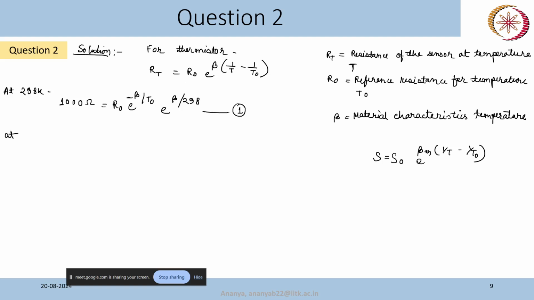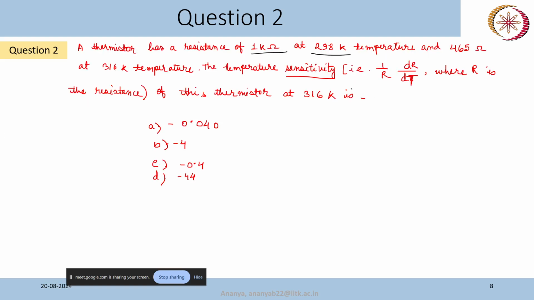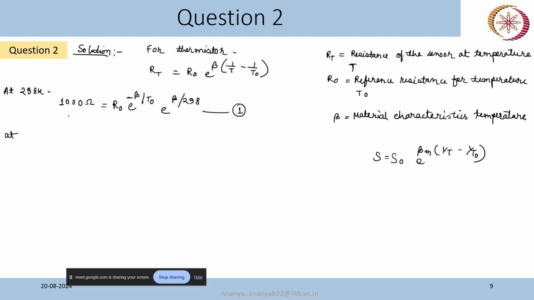Another information that is given to us, the resistance at 316 Kelvin is 465 ohm. So at 316 Kelvin it is 465 ohm.